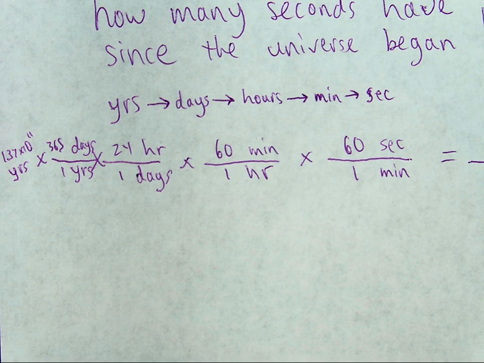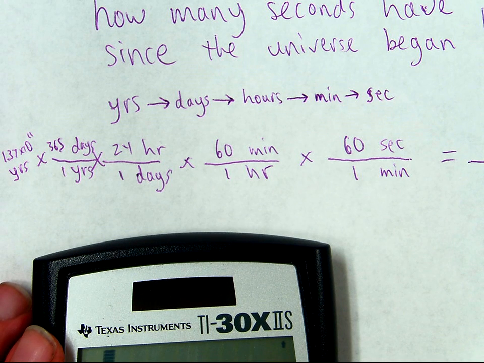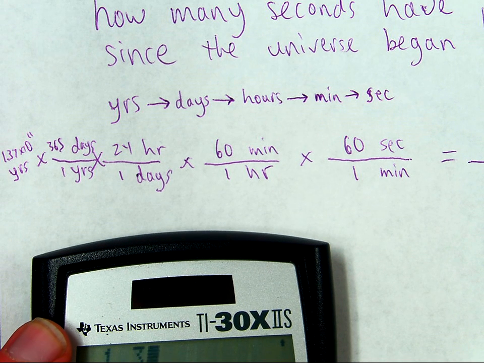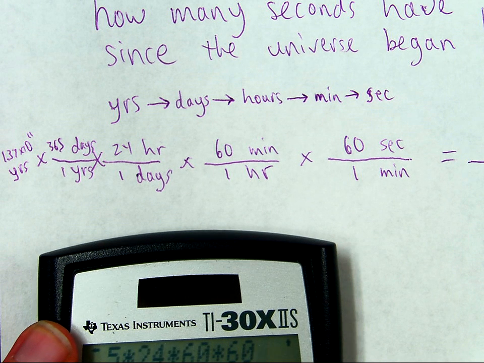Crammed into what is definitely not enough space. But anyway, let's calculate this out. 1.37 times 10 to the power of 11, times 365 times 24 times 60 times 60.